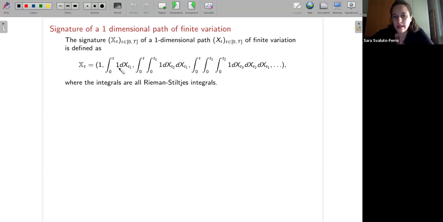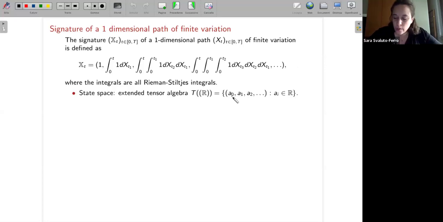Then you get the integral of the constant with respect to the path. If x is smooth, you can imagine this as its derivative dt, okay? Then you consider the double integral. You obtain the object that you get here, and you integrate once again, and then once again, and then once again. And so you have a sequence where you store all the integrals one after each other.